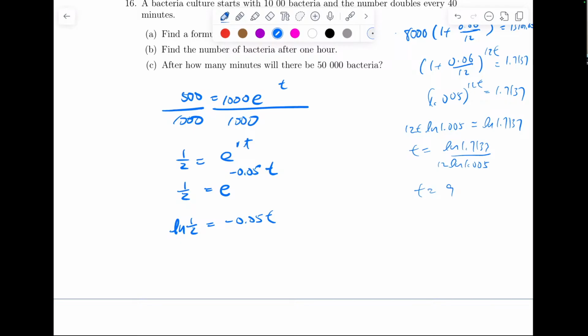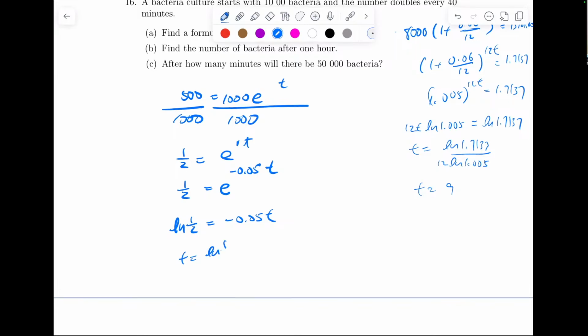Natural log both sides. So t is equal to what? ln of 1/2 divided by negative 0.05, which is what? 13.86. So 40 plus 13.86 is roughly between 53 and 54.